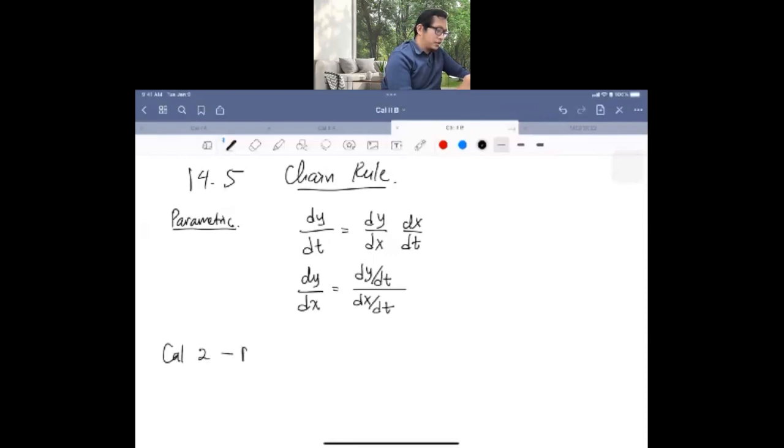Okay. Now in calculus 2 partials, we need to recall that we state z as a function of two variables, x, y. We start with this, and simply we can say also this is a surface, right?